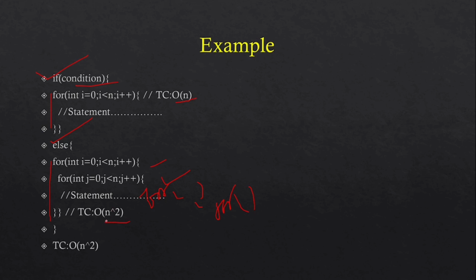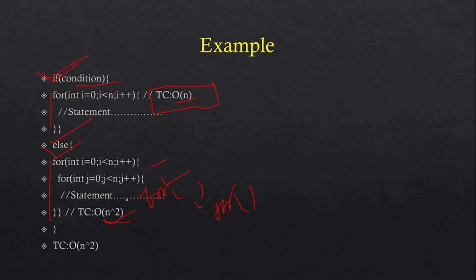So basically, what is your time complexity? If you think only that this if condition is executed, then our time complexity is order of n. That's true. But there is another else block also, and in this else block your time complexity is order of n to the power 2, meaning n square, right? So that's why you have to take the maximum.